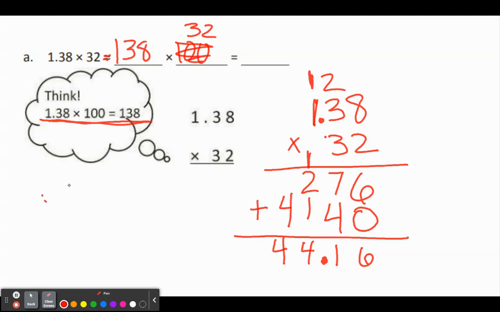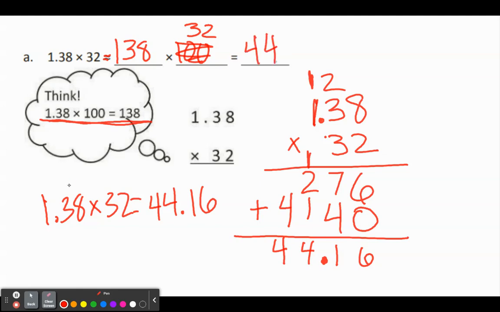So 1.38 times 32 is going to equal 44 and 16 hundredths. We're going to put that decimal back so it doesn't get too confusing.